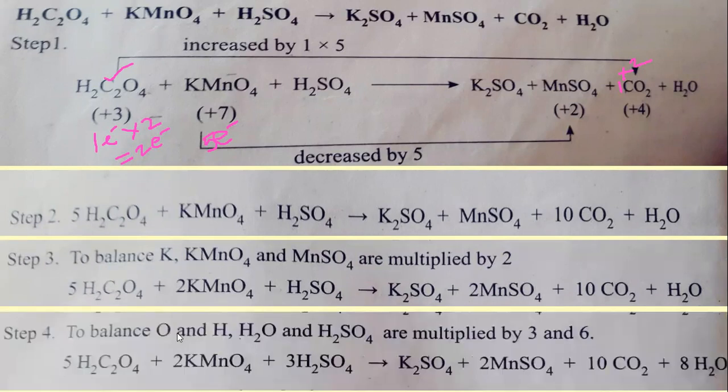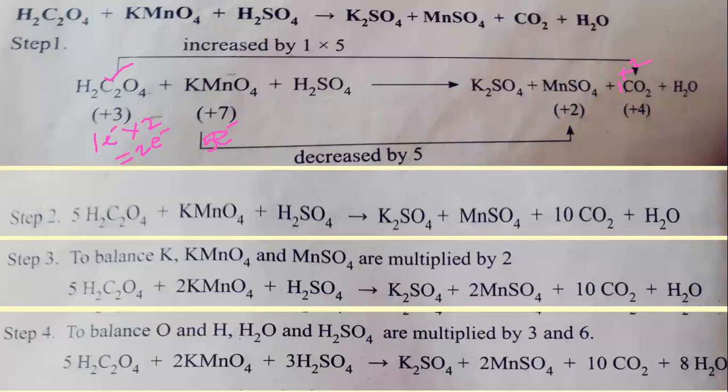And next, to balance oxygen and hydrogen, H2O and H2SO4 are multiplied by 3 and 6. If we multiply it by 3 and 6, it gets balanced. So now we check for each element. So now 5 into 2, 10 hydrogen in the reactant side.